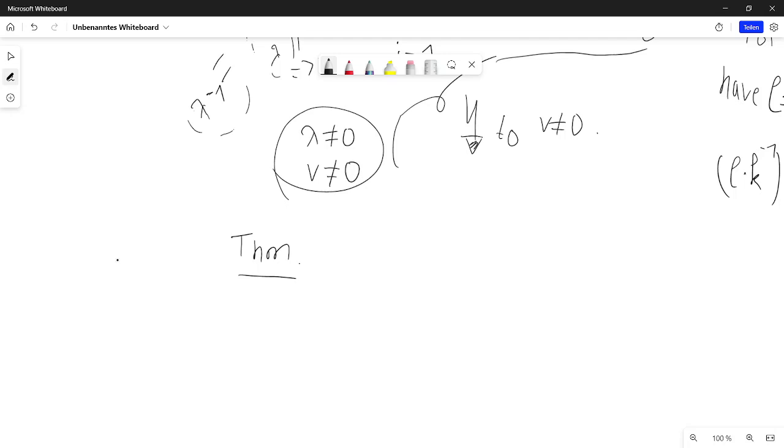Right, well, what do we have here? Theorem. First, clarify some issue, just about the existence of a basis, right?